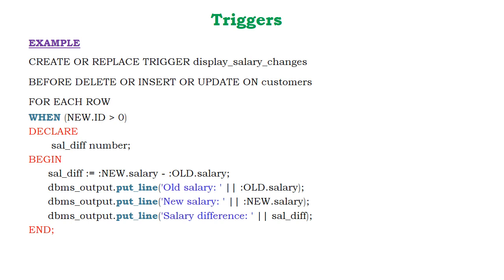In the declaration section mention the variable, for example, salary difference. Begin and mention the formula: salary difference equals new dot salary minus old dot salary. In the next line display all the variables, for example, old salary, new salary, and the salary difference. Like that, we can create a trigger, then we can take appropriate action before or after.